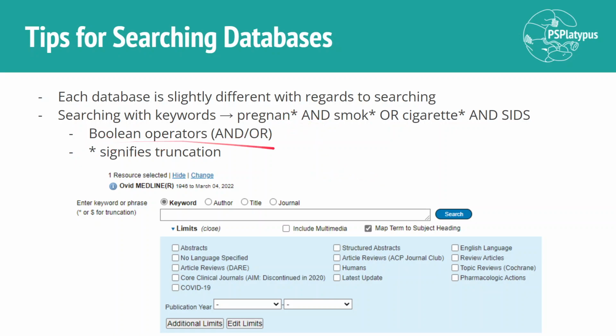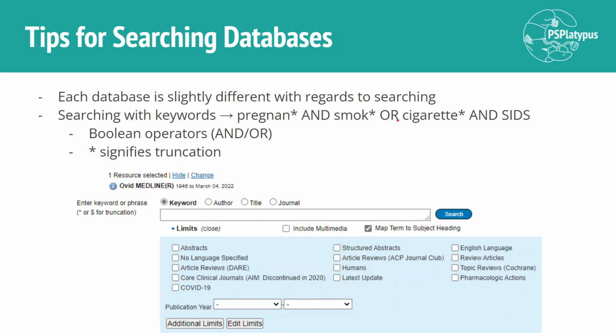We can use Boolean operators, so that's and, or. So for example, if my question is, do pregnant patients who smoke have an increased risk of sudden infant death syndrome, or something like that. I might have phrased that wrong, but that's basically what I'm trying to ask, right? So what I do is I put ands in between things that are part of the question, and ors for synonyms or things that are meant to get the idea.